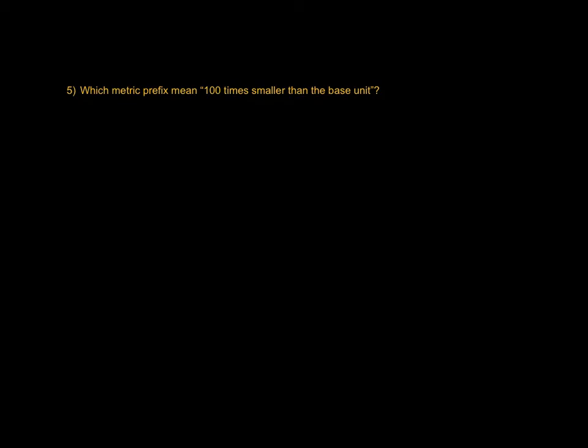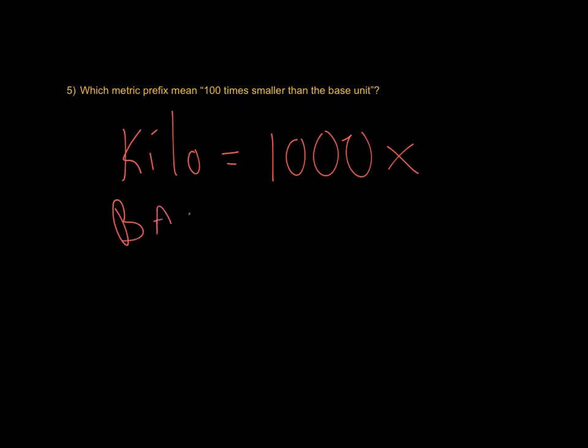Which prefix in the metric system means 100 times smaller? Well, the ones you need to know, okay, kilo means 1,000 times greater than the base unit, and then there's the base unit.